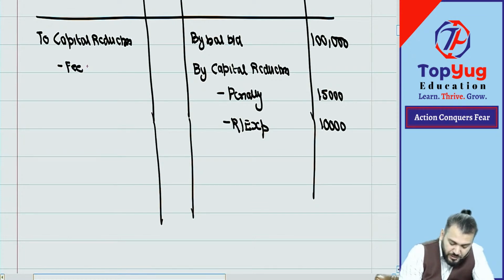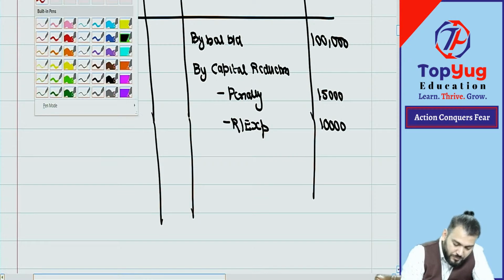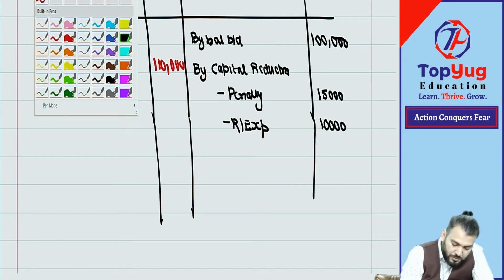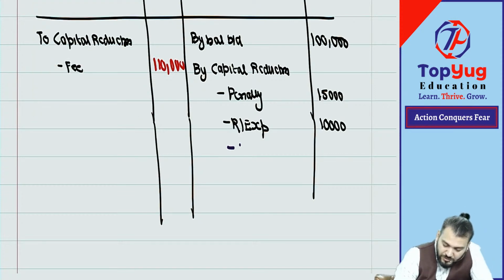Fee received. Fee received. How much? 1 lakh? 10,000. Then what? Tax paid, means income tax. 80,000.